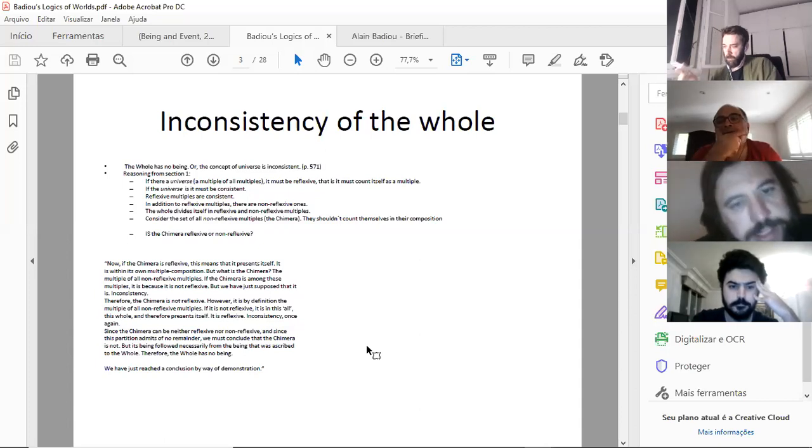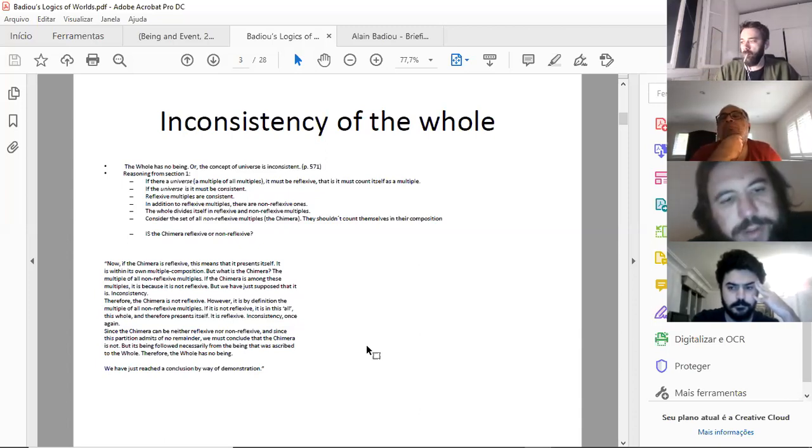If the chimera is among these multiples, it is because it is not reflexive. But we have just supposed that it is inconsistency. Therefore, the chimera is not reflexive. However, if it is by definition the multiple of all non-reflexive multiples, if it is not reflexive, it is in this whole, and therefore presents itself. It is reflexive.